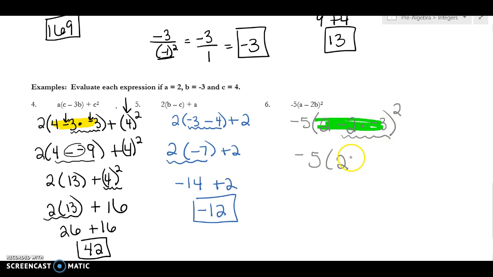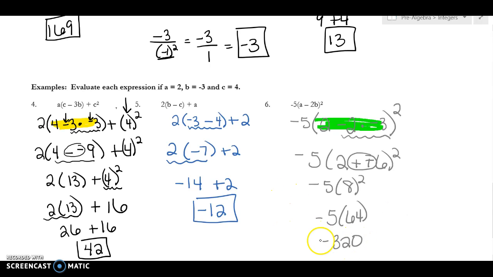A -2 times a -3 is 2 negatives with a 6. This becomes plus. So I get -5 times 8 squared. And so this becomes -5 times 64, because 8 times 8 is 64. And now I need to do 5 times 64. So I took out the calculator for that one, which is -320.